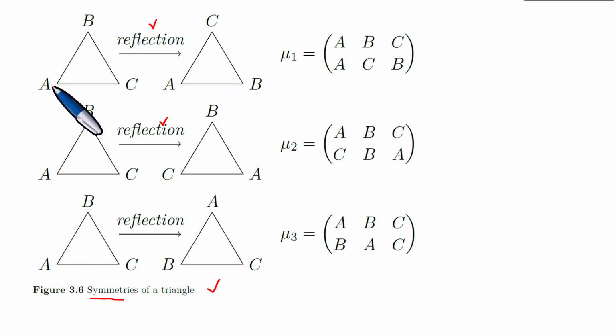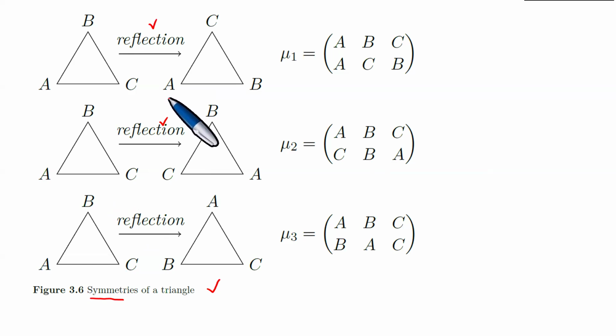A is here, but you can see A is there. B has gone there. And B has gone down, and C has gone up. So it's only A that is fixed.